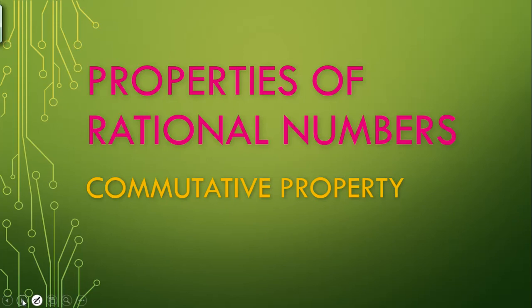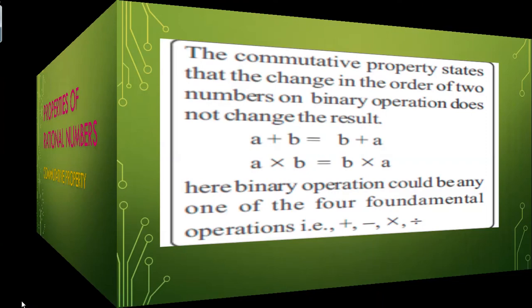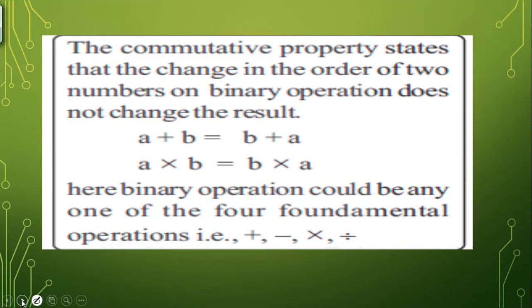Okay, now we move to the next screen. Look there. What is commutative property? Commutative property means if you change the order in any binary operation, the result does not change, then it is called commutative property.